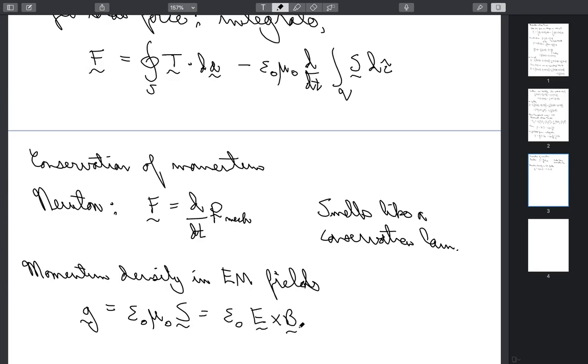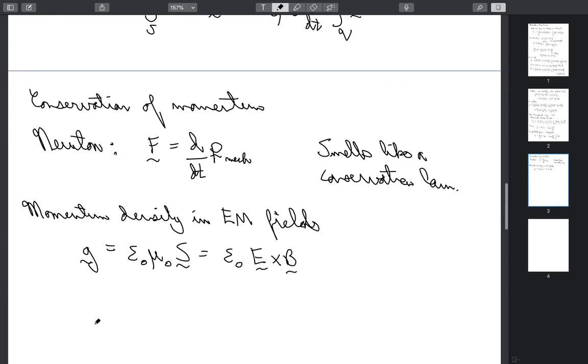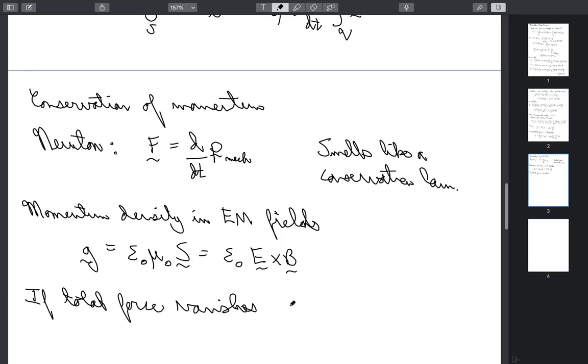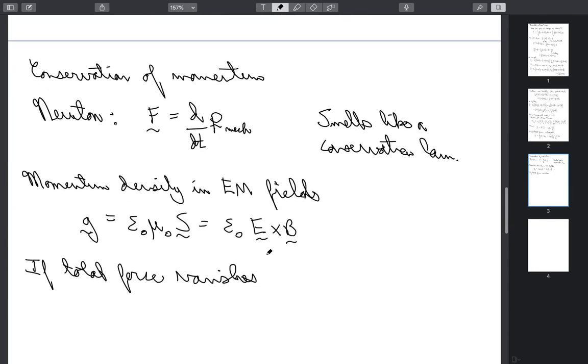Now more interestingly, if the total force vanishes, so if you've got no external force acting on your system, there has to be a preservation of the momentum.